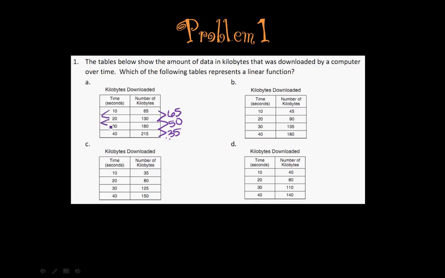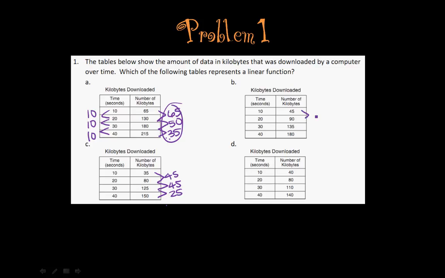And you notice that these all increment by the same amount. So all three of these should increment by the same amount, okay? Over here, from 35 to 80 is 45. From 80 to 125 is 45, so that's okay. But then from 125 to 50 is 25, so that doesn't work.